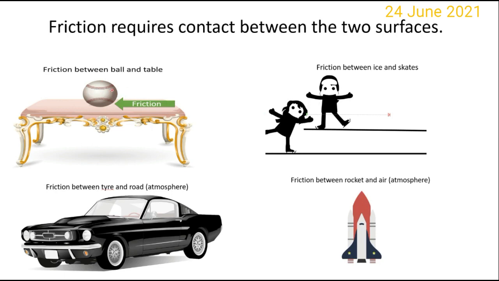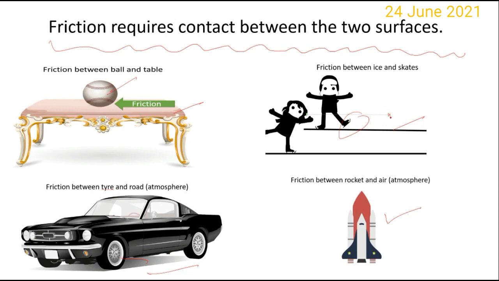In this case, contact between the ball and the table, tires and the road, skates and the ice surface, air and rocket. Without the direct contact, there is no friction. Right? So, point to be noted that friction requires contact between two surfaces.